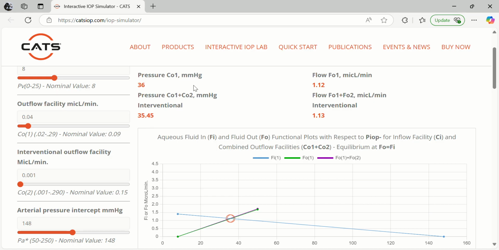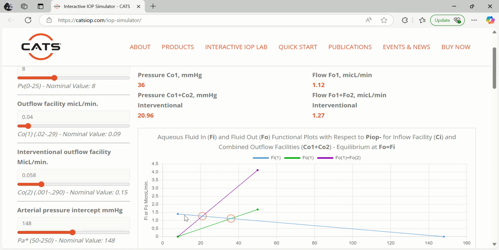Now, in addition to that, not only can we look at these static IOP changes, but we can also look at interventional static IOP changes. So let's say we have this pressure of 36 and we have primary open-angle glaucoma with a decreased outflow facility. We can actually increase that outflow facility by, say, adding a drug or doing some type of surgical intervention and bring that up from 0 up to something which is significant.